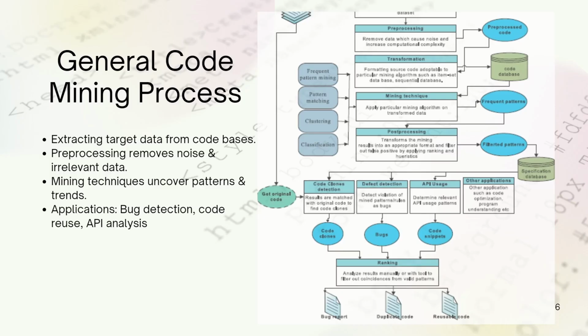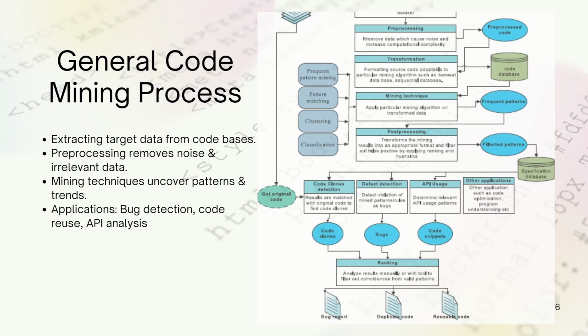Additionally, an abstract syntax tree (AST) analysis can be applied to convert raw source code into a structured format that makes it easier to identify relationships between different code components. Removing unnecessary comments, boilerplate code, and unused dependencies further refines the dataset, ensuring that the mining process focuses only on functionality relevant aspects of the code.